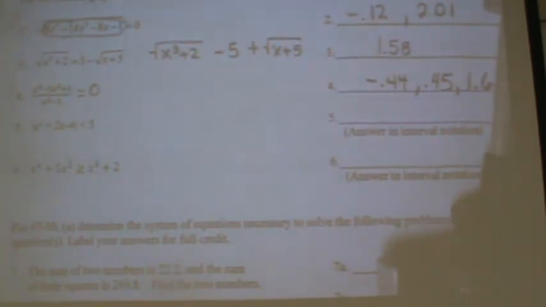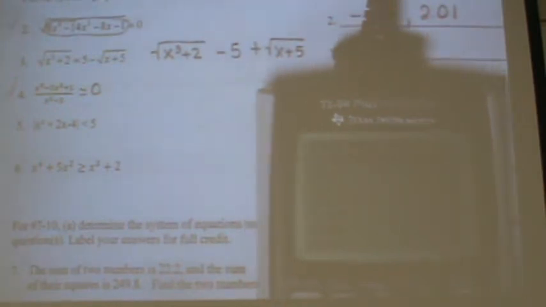Okay, so I'm going to graph it with the 83. For some reason, I think my calculator is not working. So we've got x to the 5th minus 5x raised to the 2nd plus 1.